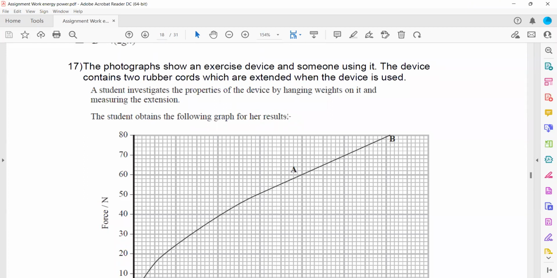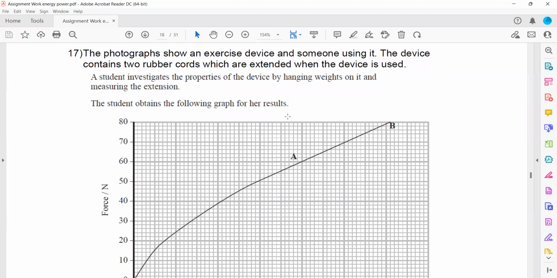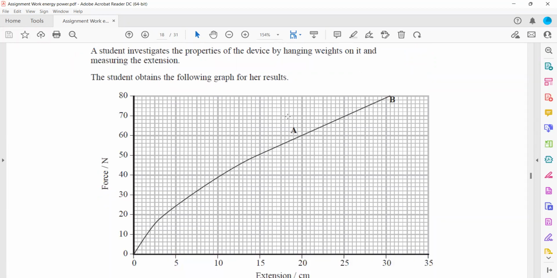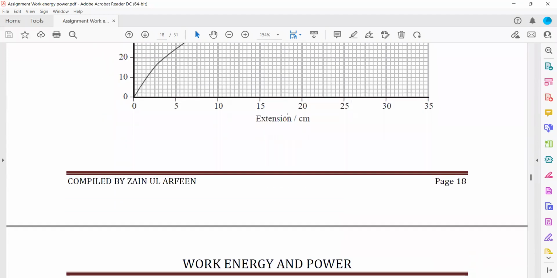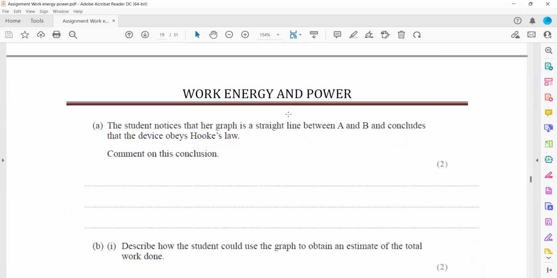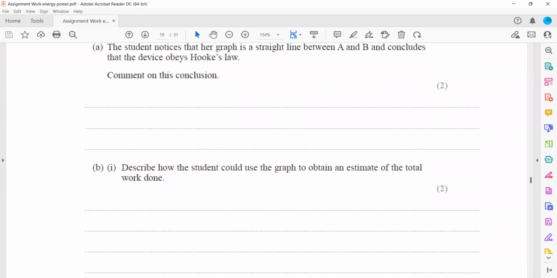The device contains two rubber cords which are extended when the device is used. A student investigates the property of the device by hanging a weight on it and measuring the extension. The student obtained the following graphs for her results. The doubt was 17B2.